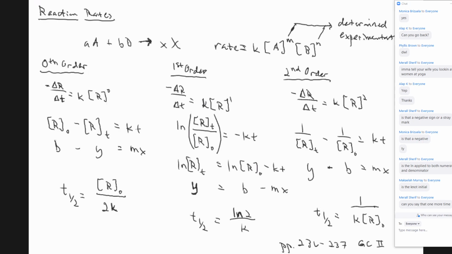First order, which is the majority of the questions you're going to get on your MCAT with regards to this information, is always going to be the same half-life because half-life is constant, ln of 2 over k. Okay. And for second order, the half-life always doubles. So the first half-life would be t, the second would be 2t, the third would be 4t, right?